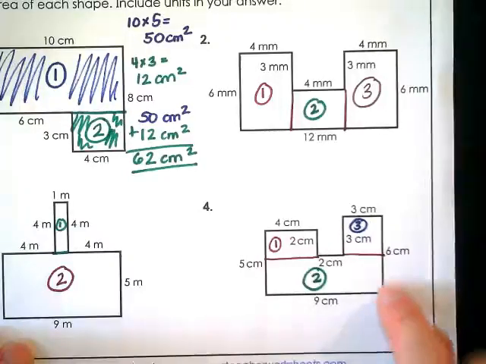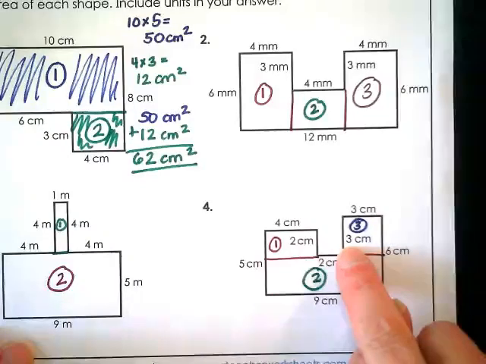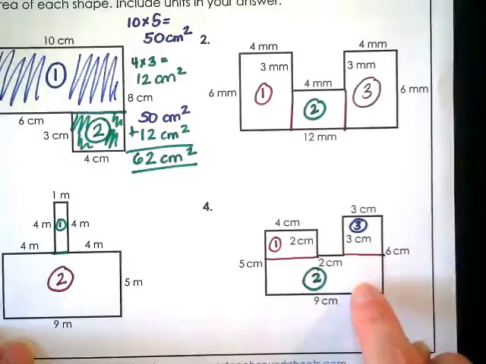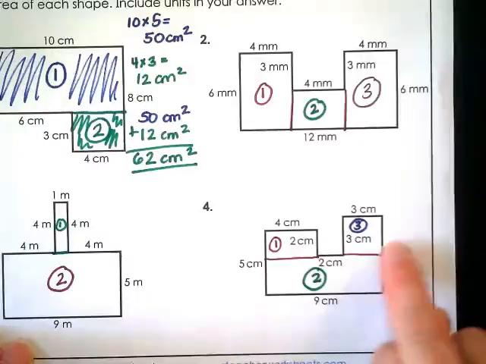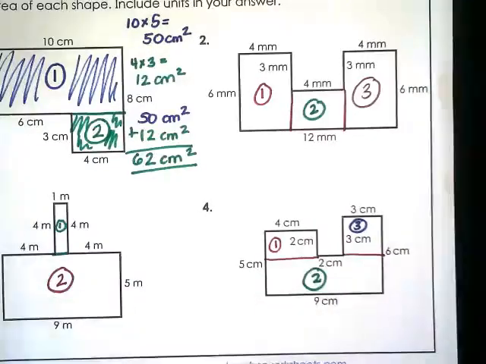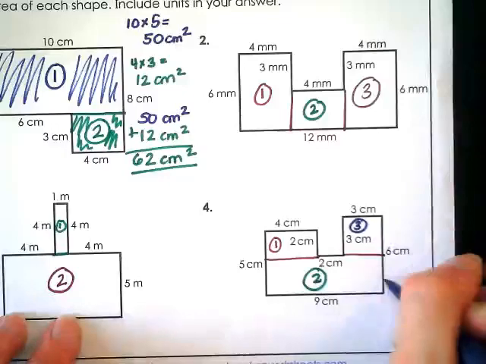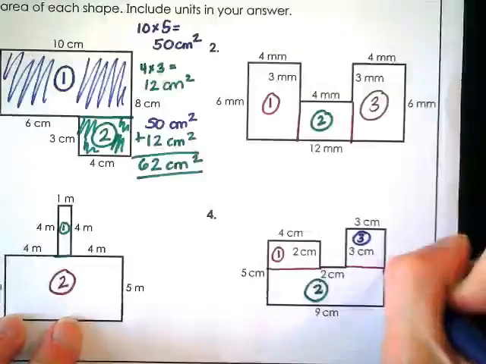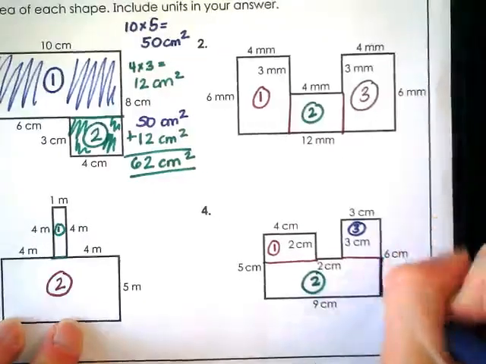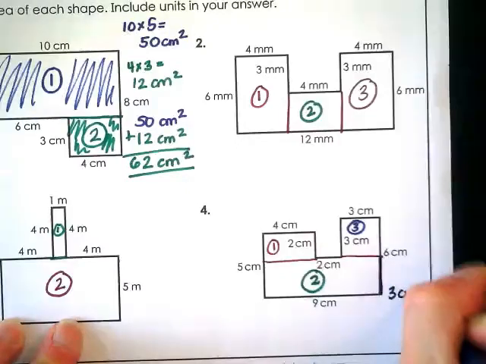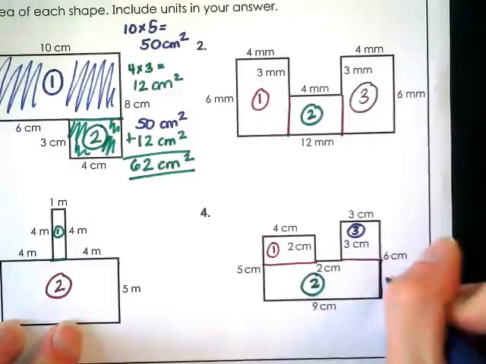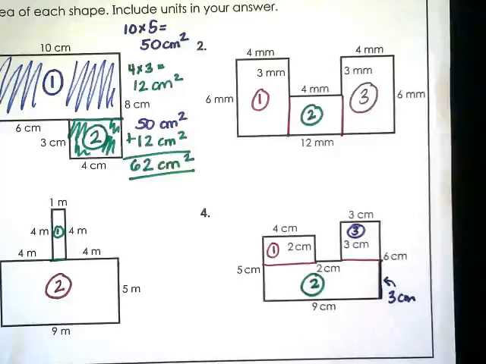I know the whole thing is 6. If I take away 3, it ends up being 3. So I know that this distance right here is going to be 3 centimeters. And that would help you get your last one.